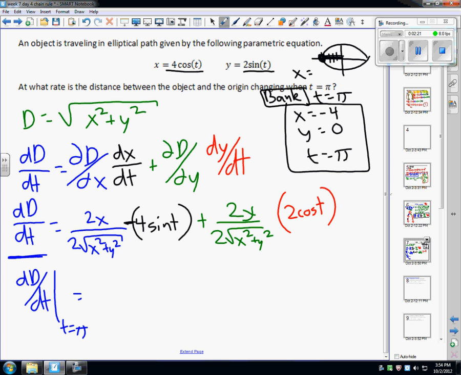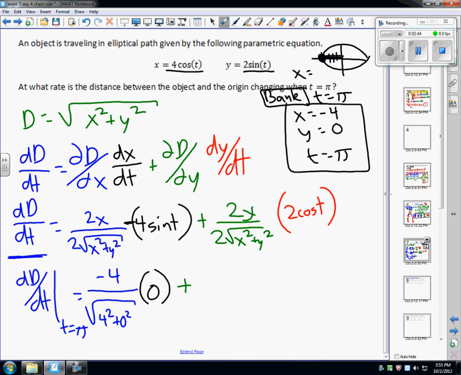I have, well, the 2's cancel here, so I got -4 over the square root of 4 squared plus 0 squared, times -4 sine of pi. Sine of pi is 0, so all that goes to 0.